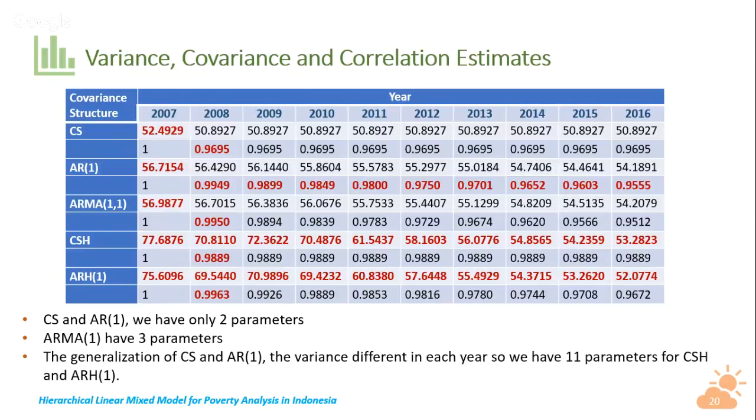In ordinary least squares, we always presume that the error has zero expectation and constant variance. But in the linear mixed model, we can model the variance covariance more suitably to the data.